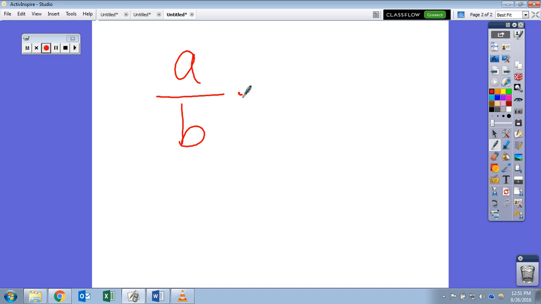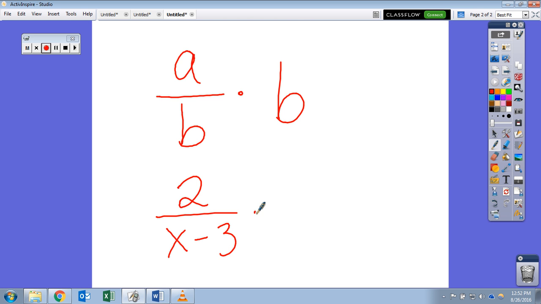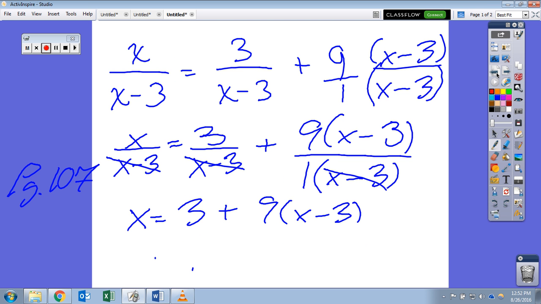If I have 2 over x minus 3 times x minus 3, what does this simplify to? 2. That's what's going on here. She just didn't show the multiplication of each side by x minus 3.